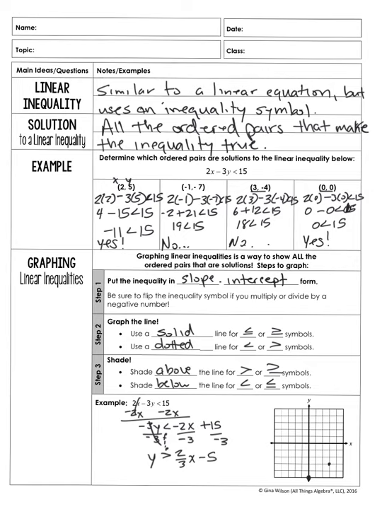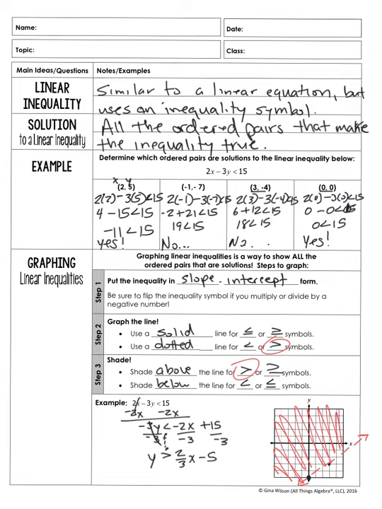Now, since this is y is greater than, I'm shading above the line, and this is also a dotted line. And I shade up here.